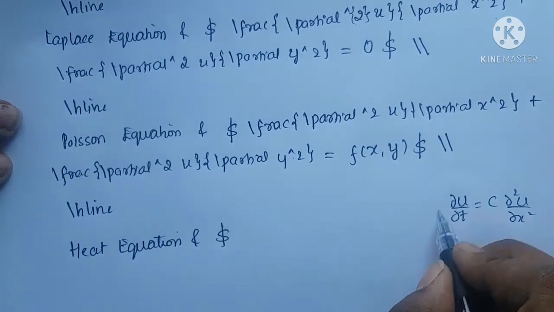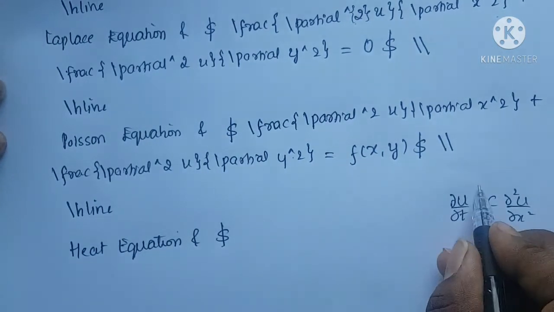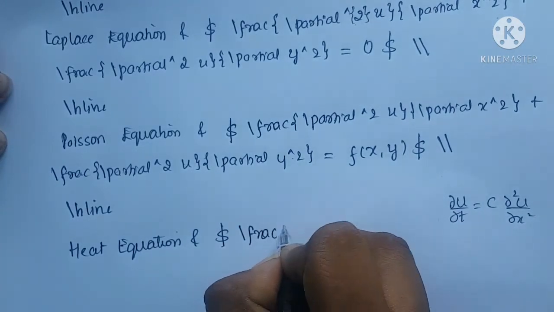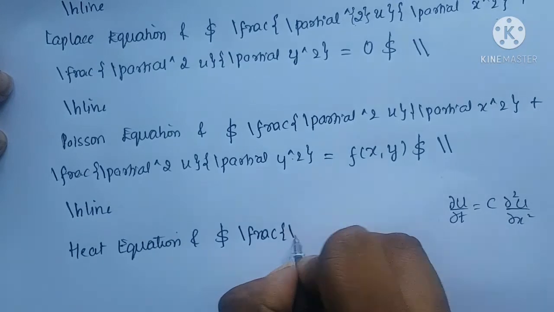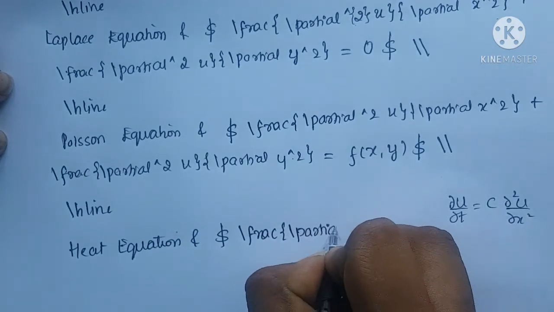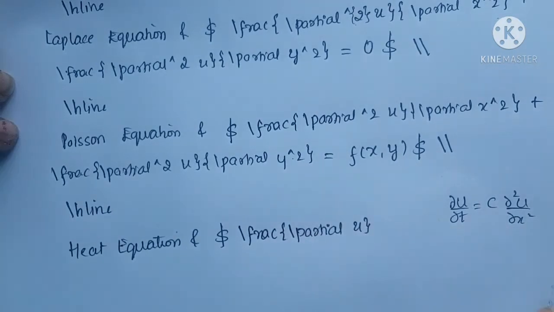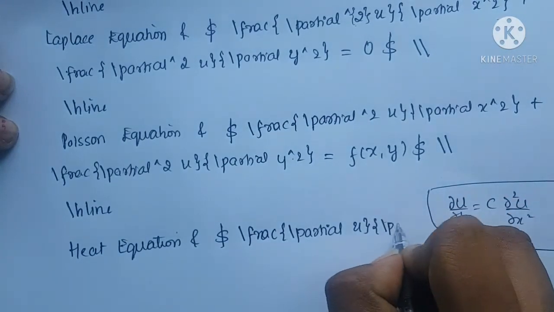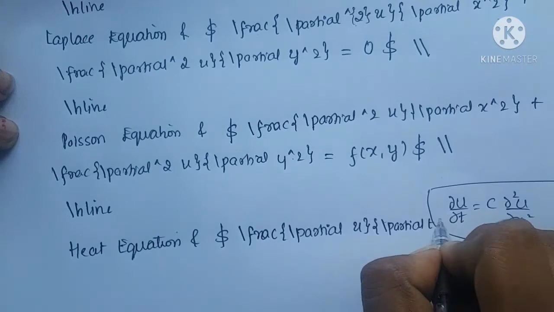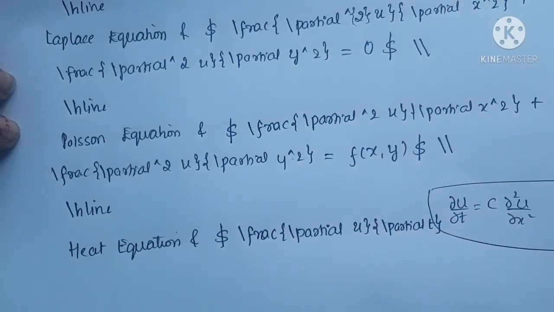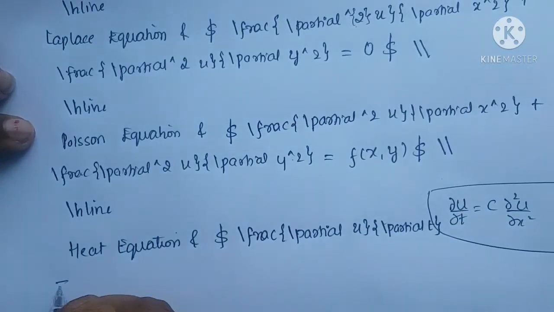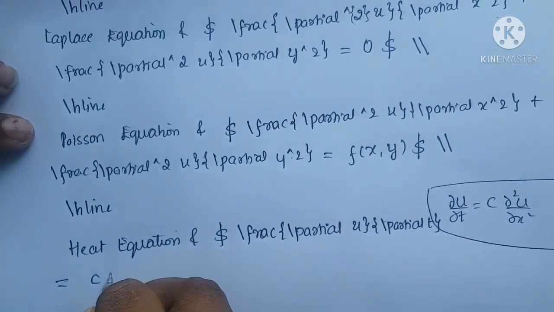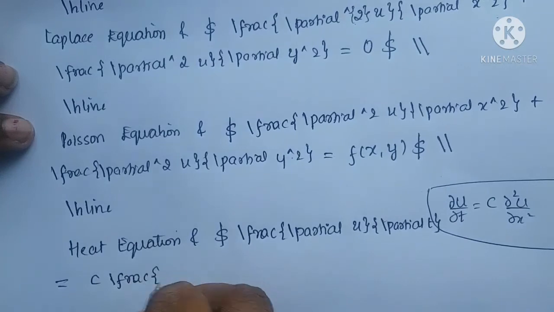Within dollars, first what is there? Dou u by dou t. It is of the form fraction, so I need to use backslash frac. What is the numerator? Dou u, that means backslash partial u. What is the denominator? Dou t, that means backslash partial t. Got it? Equals c dou square u by dou x square, backslash frac.